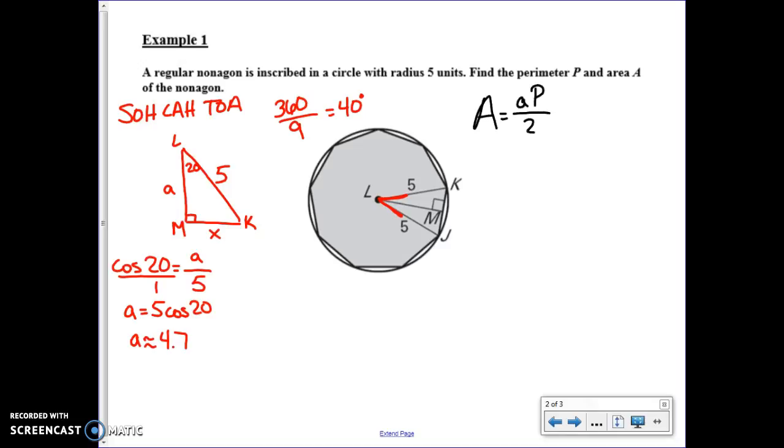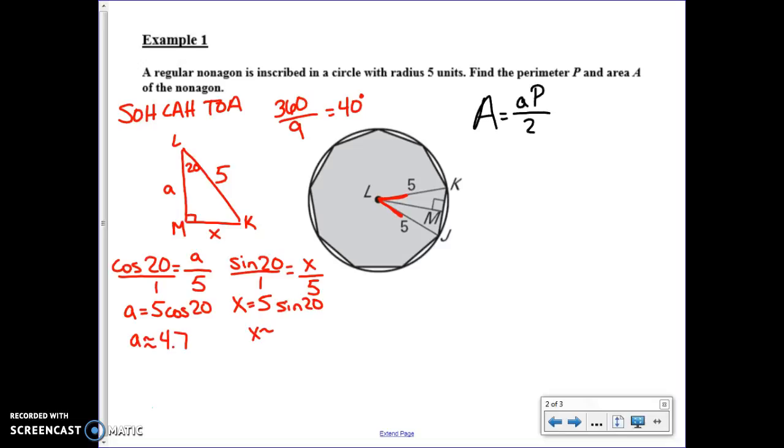But now I also need to get to the side length. So X is across from 20, and 5 is the hypotenuse. So across would be opposite. So opposite and hypotenuse would be sine. So now I have sine of the degree measure is equal to X over 5. Put it over 1. Cross multiply. So I get X equals 5 sine of 20.